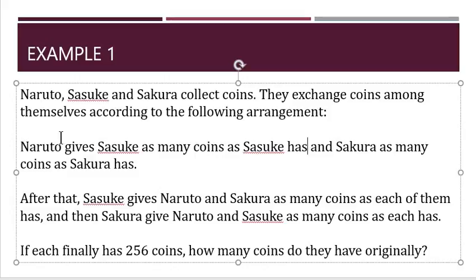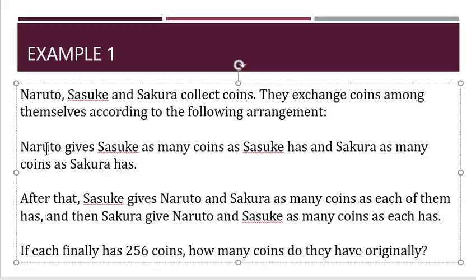Let's go back to the problem. If Naruto will give Sasuke as many coins as Sasuke has, and Sakura as many coins as Sakura has, then if Naruto gives Sakura 100 coins, Sakura will have 200 coins if she has 100 coins to begin with, and Naruto will now lose 150 coins, 50 after giving Sasuke 50, and 100 after giving Sakura 100.